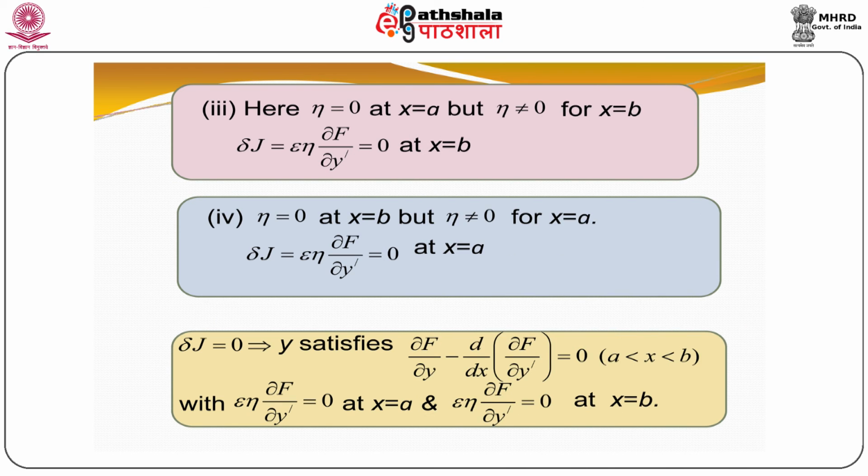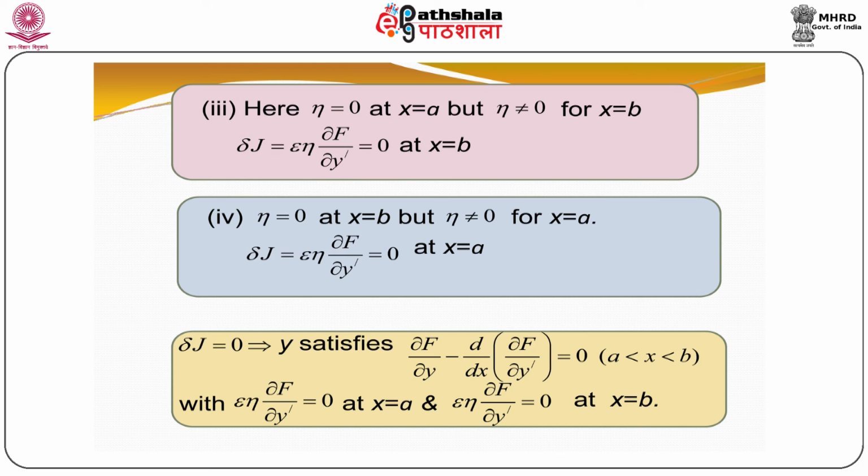For the fourth case, both the figures meet at the upper end but not at the lower end. So, eta equal to 0 at x equal to b, but non-zero at x equal to a. By the Euler Lagrange equation, the right hand side of 8.13 vanishes.